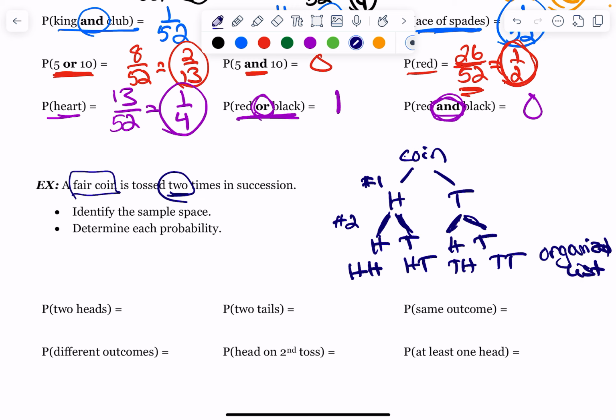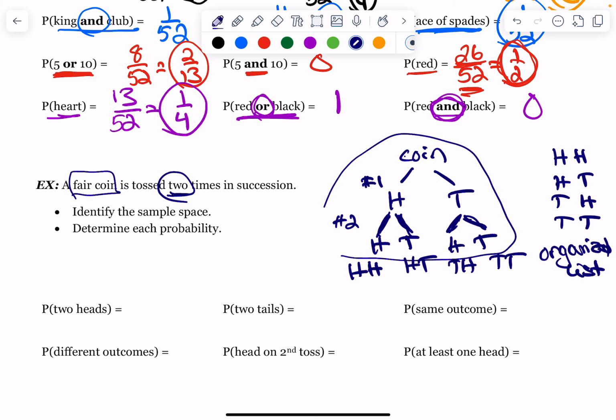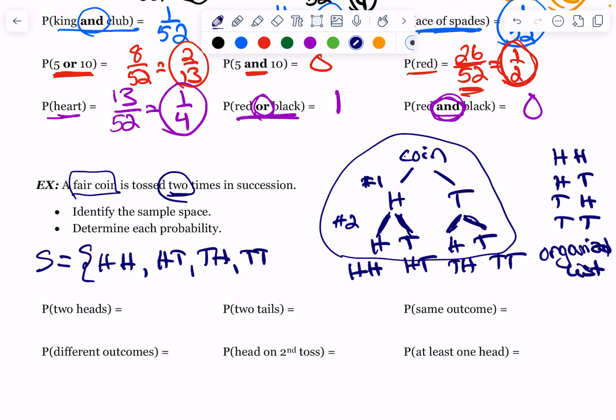You might see it vertically written a lot of times like this because of the way I did our tree. It was easier to write it down here. So that is our sample space for this one. So we have heads and heads, we have heads and tails, tails and heads, and tails and tails.